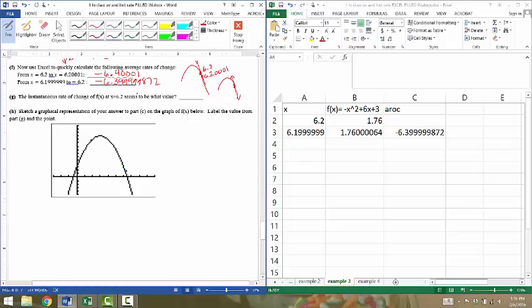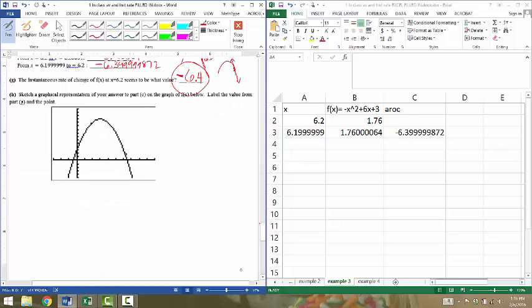And in fact, I feel pretty confident saying that if we could find the tangent line right at 6.2, that right at that instant, the slope of that tangent line would be negative 6.4. So in other words, here is 6.2, comma 1.76.